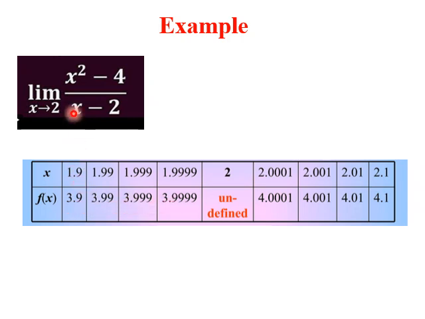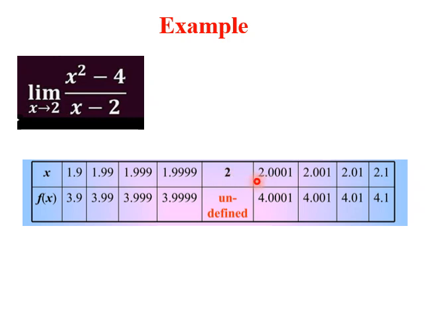Once we put 1.9 in this equation, we get f of x as 3.9. Similarly, when we put 1.999, we evaluate the function and get 3.999. Now let us see the right hand side of 2, which means values greater than 2.